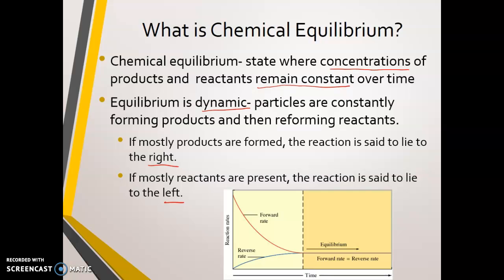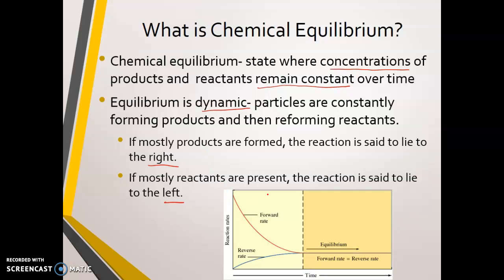So here you can see in this graph, we have a forward rate and a reverse rate, and here is where equilibrium happens, when the forward rate is equal to the reverse rate. And so we see that flat line on the graph.